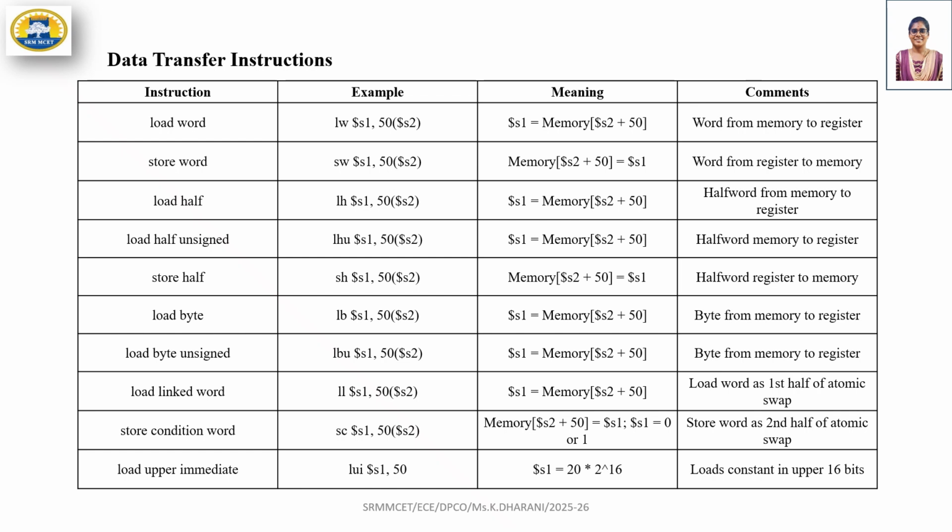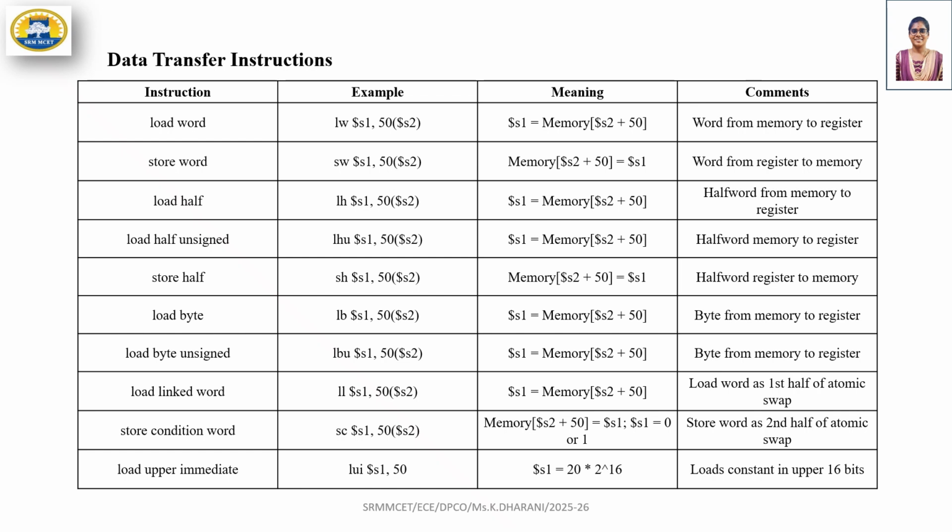For easy memorization, we can take register as R and memory as M. So the word is converted into R to M, and the half word into M to R. Like that we can mention. Load byte loads bytes from memory to registers, and for load byte unsigned, bytes from memory to register.